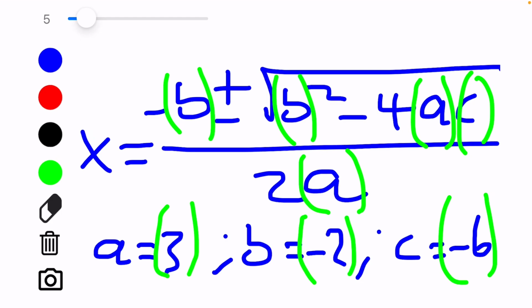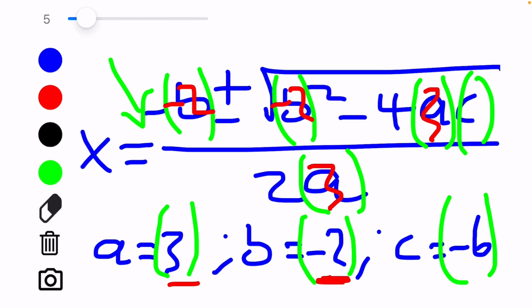For example guys, you can see you've got a negative sign over there, which is originally from the formula. So that means when you substitute your b value, you substitute as negative 2. Your a value is positive 3, and your c value is negative 6.